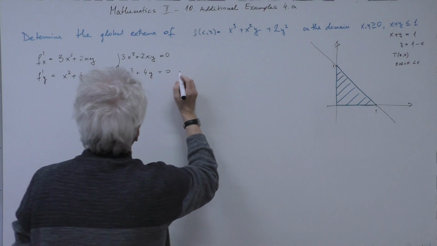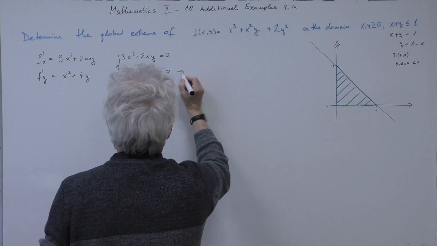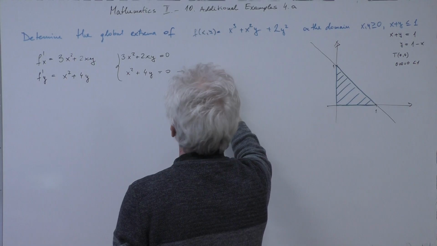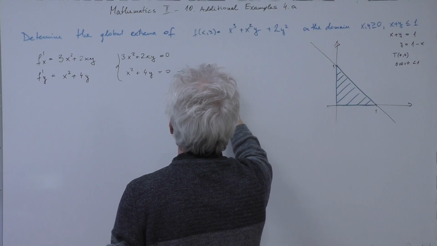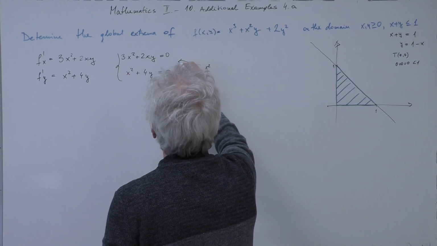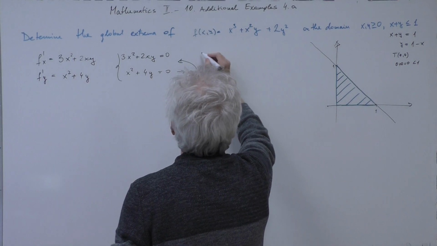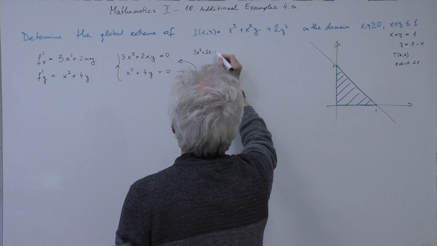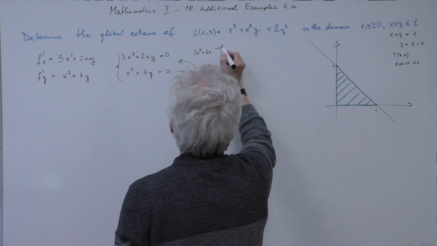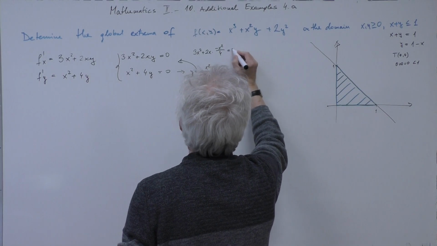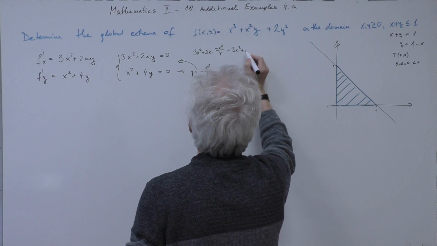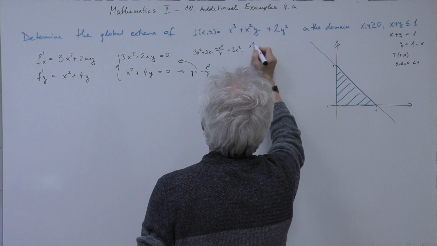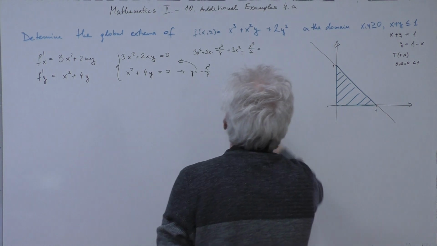From the second one, we can see that y is minus x squared over 4. Plugging back into the first one, we have 3x squared plus 2x times minus x squared over 4, which is 3x squared minus x cubed over 2.